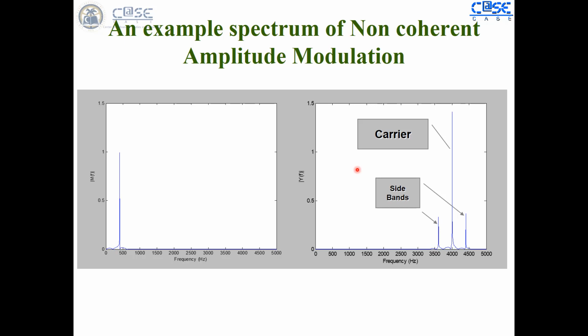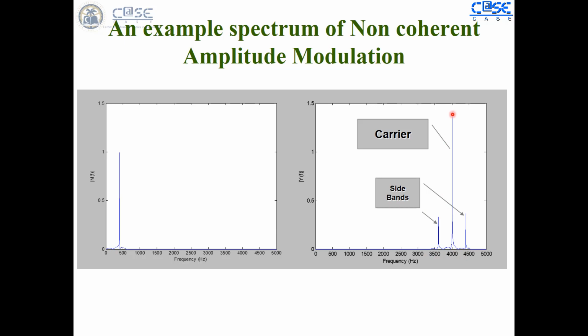That's how the spectrum of the double sideband amplitude modulated signal would look, as an example, on using a frequency analyzer. The left hand side is the spectrum of your message signal. Assume it has only one frequency present in it, and this one here is the modulated signal spectrum.